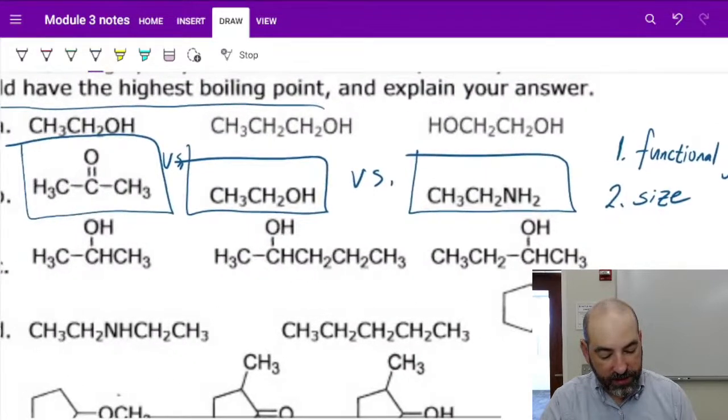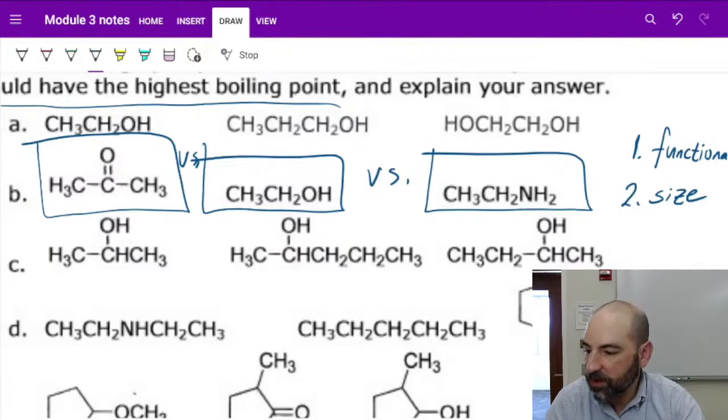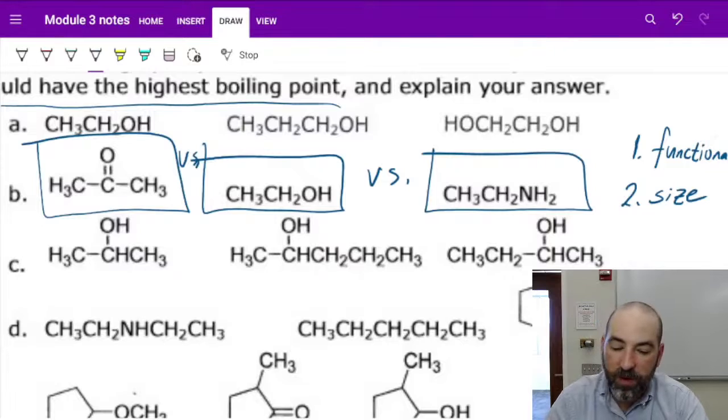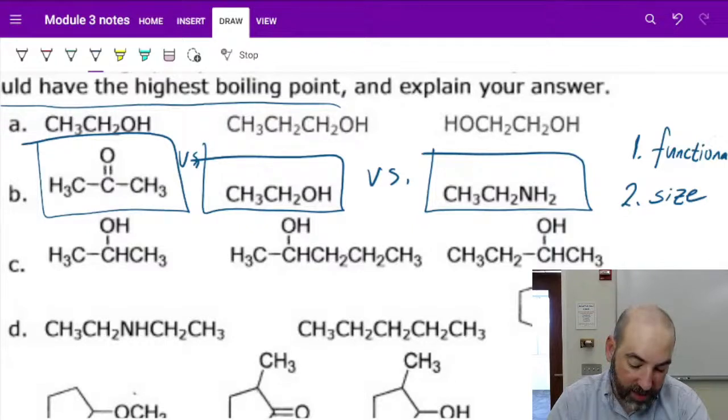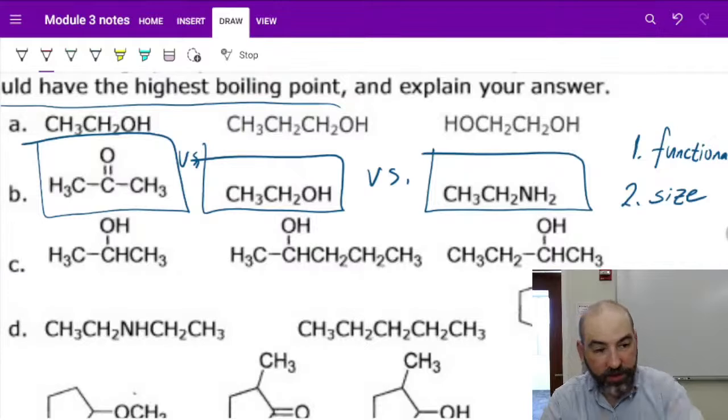Okay, so for this example, these 3 are all similarly sized. They all have about 3 to 4 largish atoms like C, N, O, something like that. So they're all about the same size. If we want to find the highest boiling point, we have to look at the functional groups and the types of bonds in the molecule. The key here is to remember that from all the previous work that you've done.